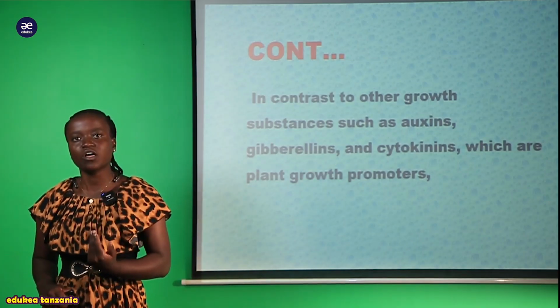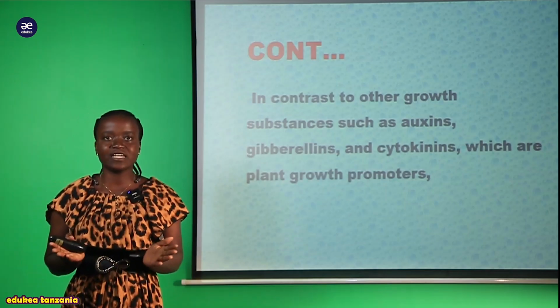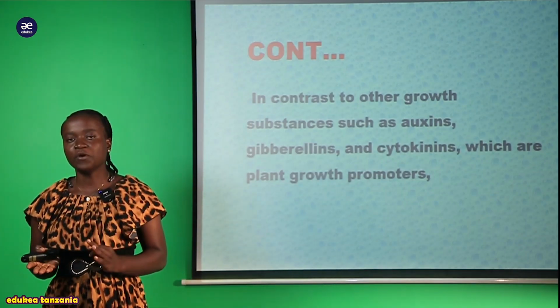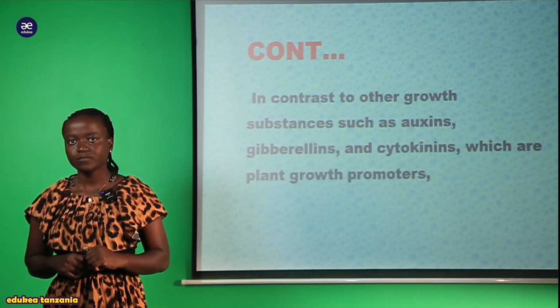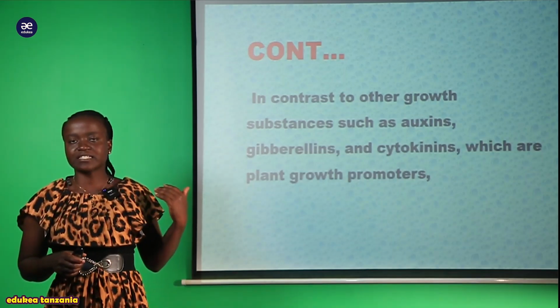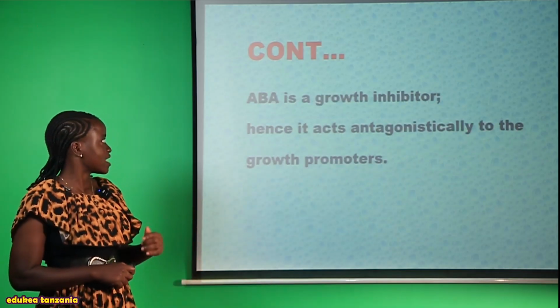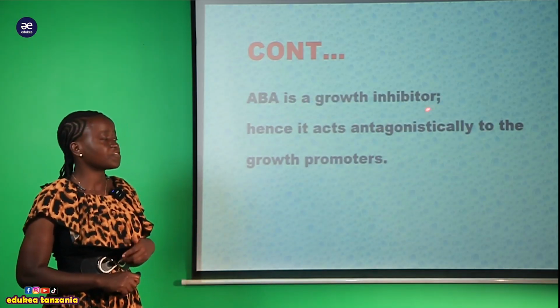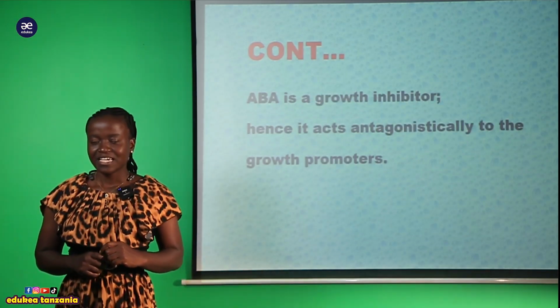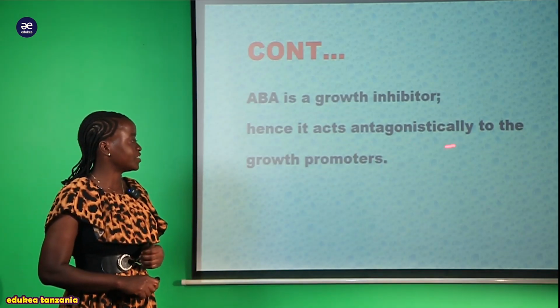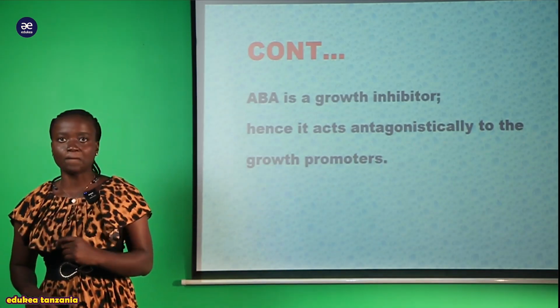Those are the growth hormones; we have almost 3. So in contrast, ABA is different from these growth hormones: ABA is a growth inhibitor, hence it acts antagonistically to the growth promoters.